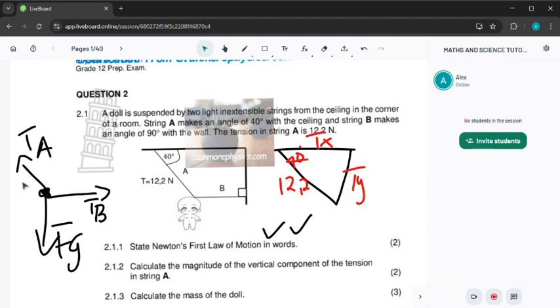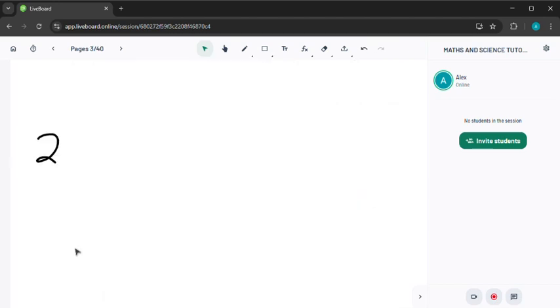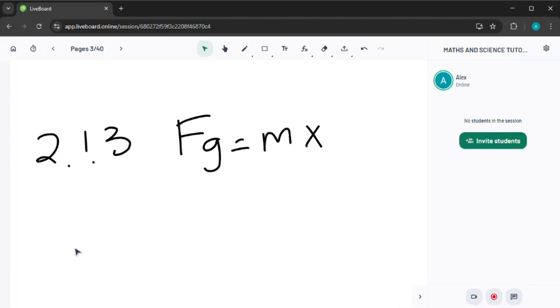So now if I were to ask you, what do you know about Fg, the force of gravity? You know that Fg is equal to mass multiplied by acceleration due to gravity, which is constant, right? But now we don't have Fg, so let's try to find Fg using our free body diagram.